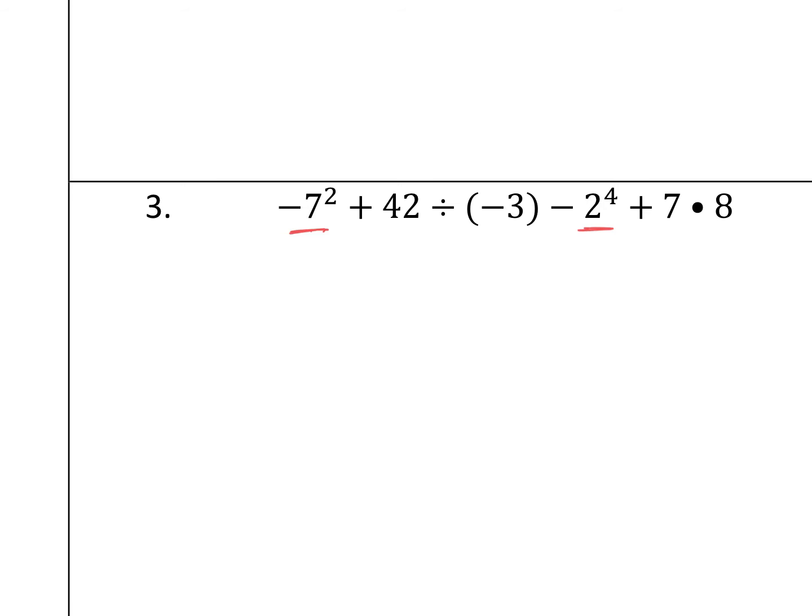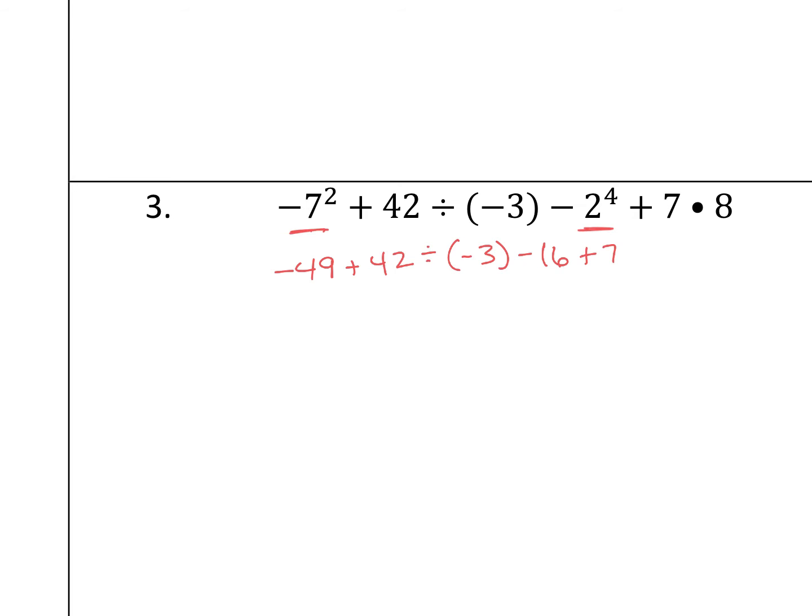So this one is going to mean 7 times 7 with a negative sign. 7 times 7 is 49, but then I bring down my negative sign. Haven't done anything with the 42 or the negative 3. This one, I'm going to be doing 2 times 2 times 2 times 2. When I multiply those together, I get 16.